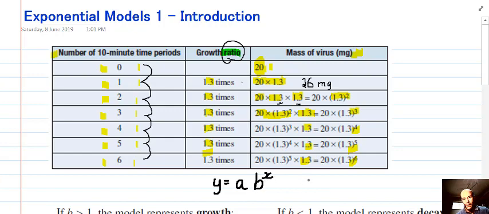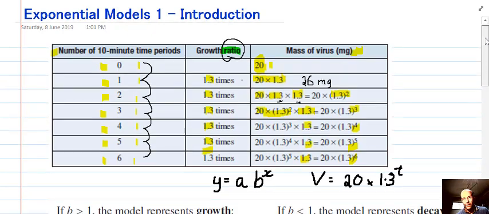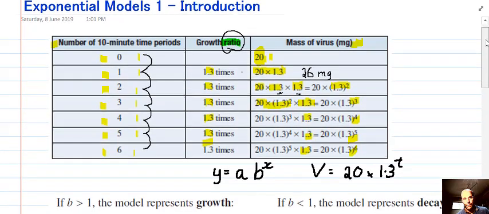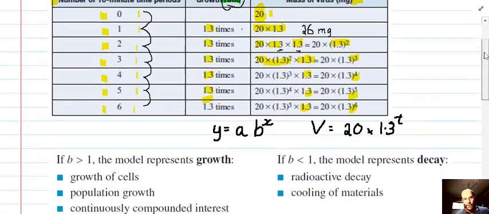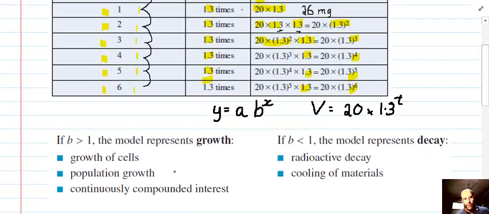In this case, let's call V the mass of the virus. The mass of the virus is 20 times 1.3, with the growth ratio 1.3, raised to T, where we call the time period T. And that's our model for this particular situation. So that's a fairly straightforward one, and this gets used with a lot of things.